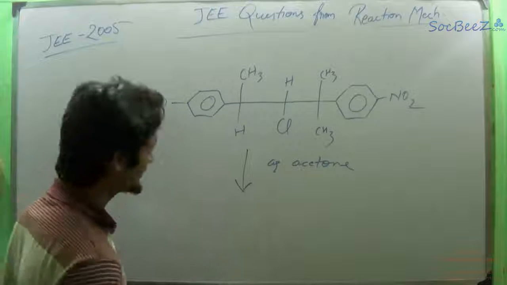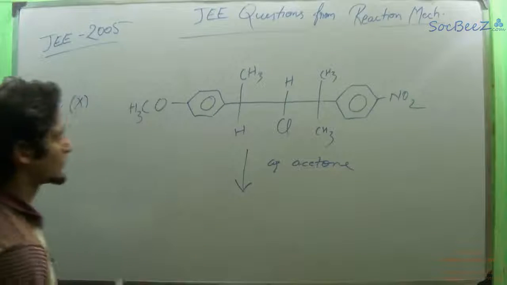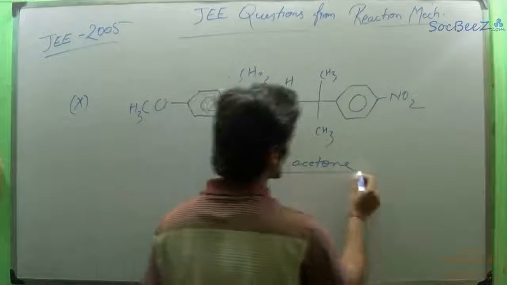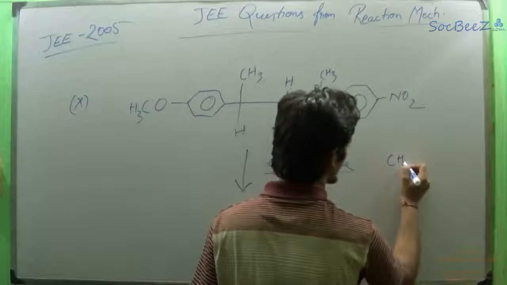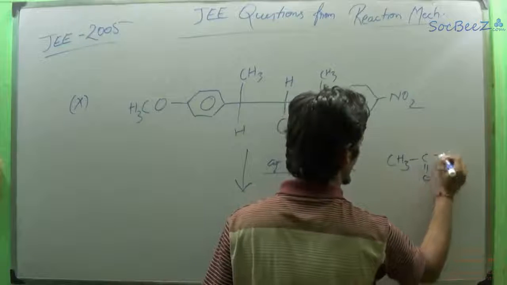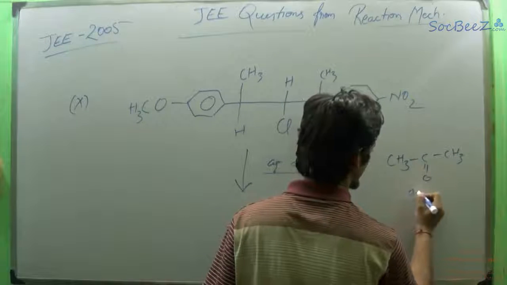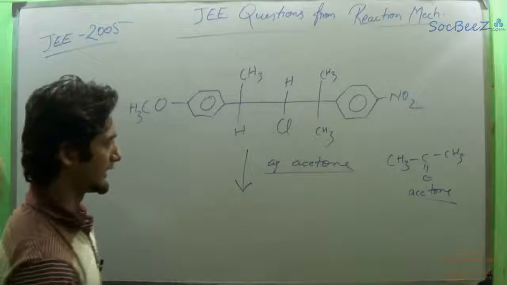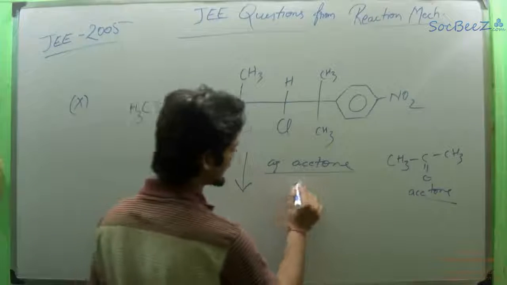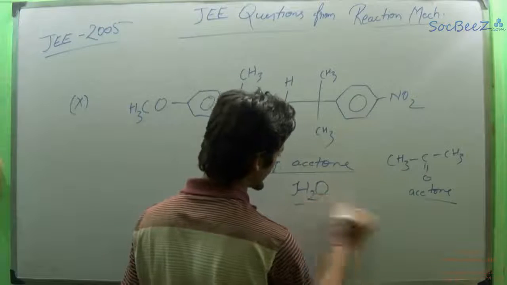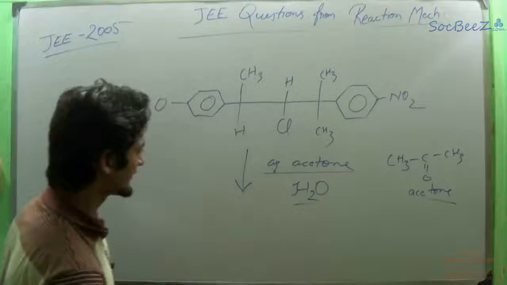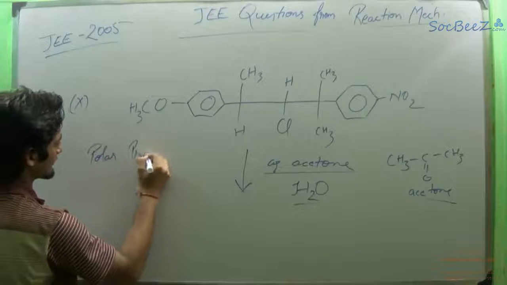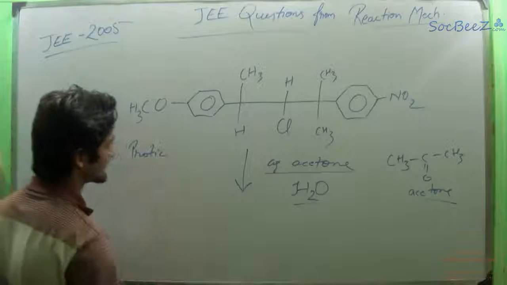Three options are given. So first we have to understand what are the possible reaction pathways. Since aqueous acetone is given, we all know acetone is CH3 double bond O, CH3. This is acetone. Aqueous acetone has H2O also present in the mixture. Thus it's a polar protic situation.